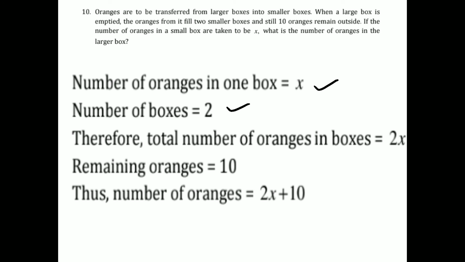Still 10 oranges remain outside. If I take the total number of oranges in the boxes, the total boxes are 2 and in each there are X oranges. So it will be 2X, and 10 remain. Remaining means you have to add to 2X. So the total number of oranges in the large box will be 2X plus 10.